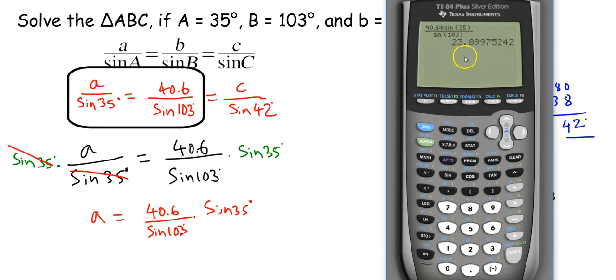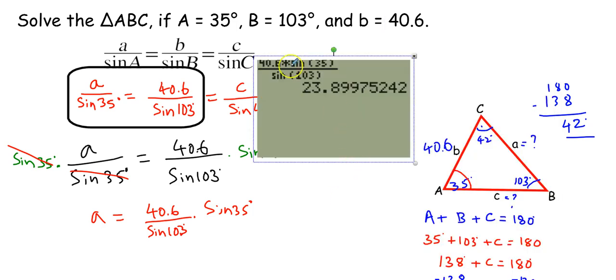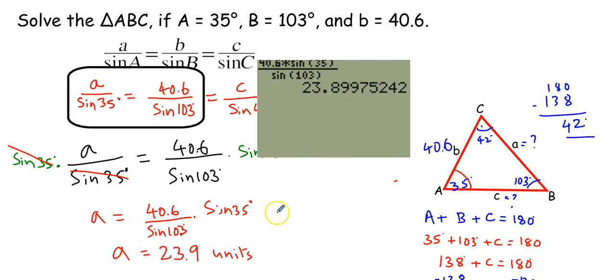That gives you 23.899, etc. Okay, so A is equal to 23, we'll round it to 1 decimal because that's what they did here in the problem, 40.6. So 23.9 units, whatever the units are, centimeters or inches, whatever you have, that's all right. So that's the value of A.